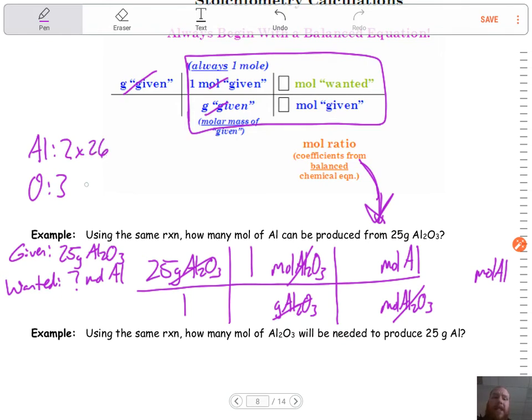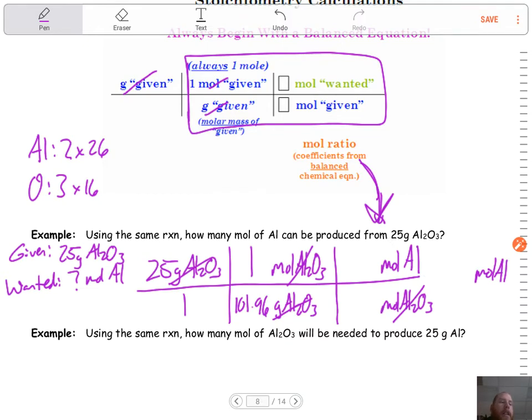This is about 26, this is about 16. So when you add all those up, guys, which again is a review, you should have 101.96 grams of aluminum oxide. A lot of times on a test, especially your Regents exam, they're going to give you that conversion factor, guys. They're going to give you the molar mass. If they give it to you, use what's given to you because otherwise you're going to run out of time.